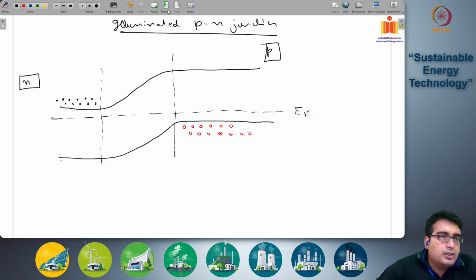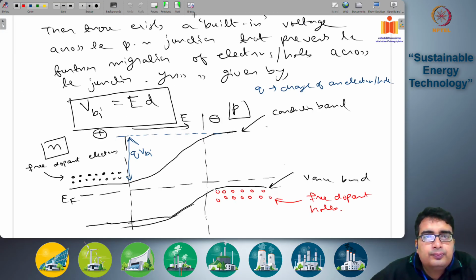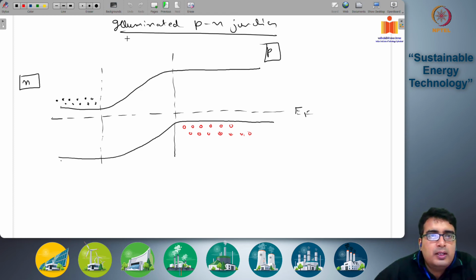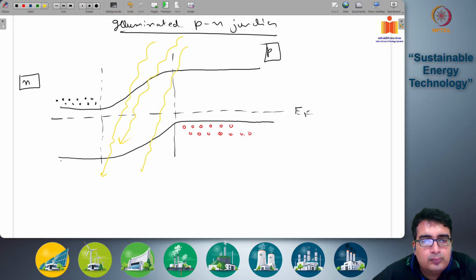Now suppose you have sunlight coming and illuminating this p-n junction. So sunlight is falling on this p-n junction, okay, from the sun.